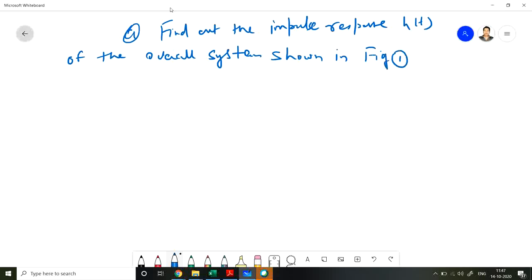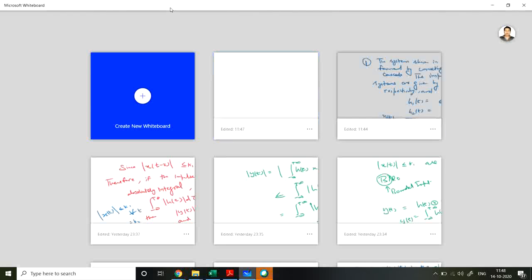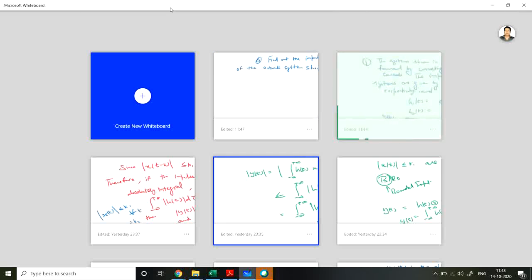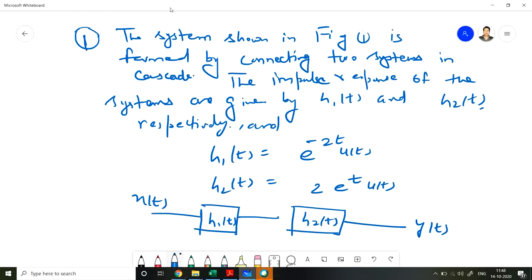Okay, so what is figure 1? Basically we have to name this figure. So this is figure 1.